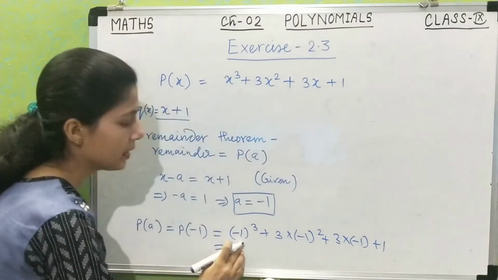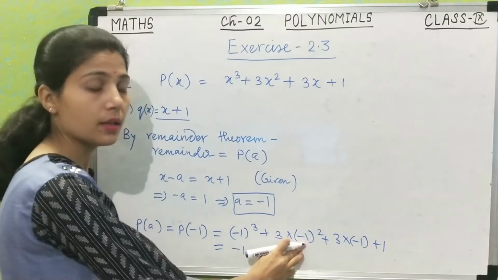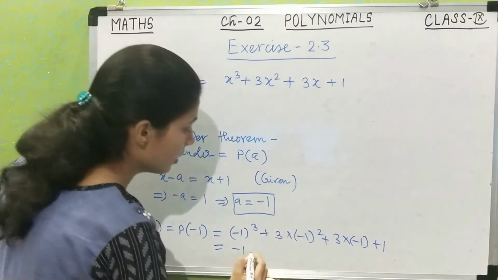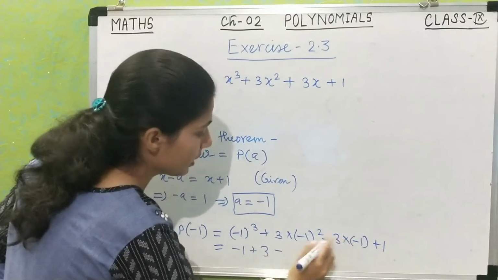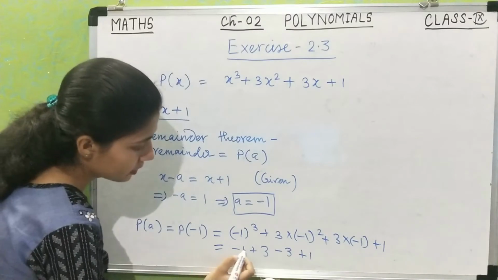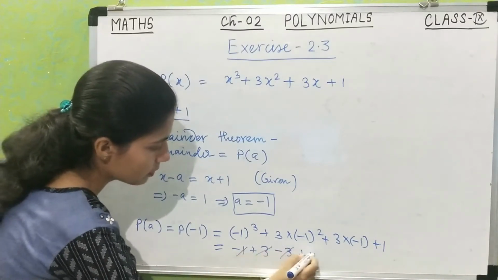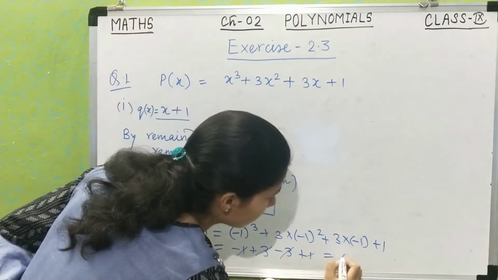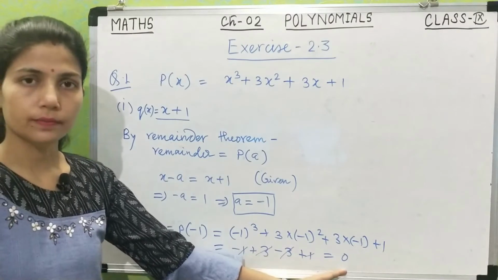Cube of minus 1 is minus 1, square of minus 1 is 1 and 3 into 1 is 3. 3 into minus 1 is minus 3 and plus 1. Now see, plus 3 minus 3 cancel out, minus 1 plus 1 cancel out. So you are getting 0. So the remainder will be 0.